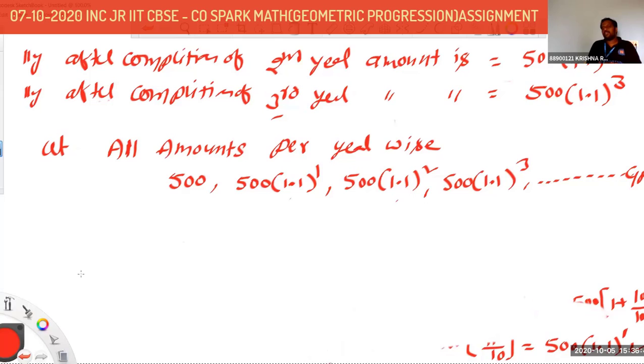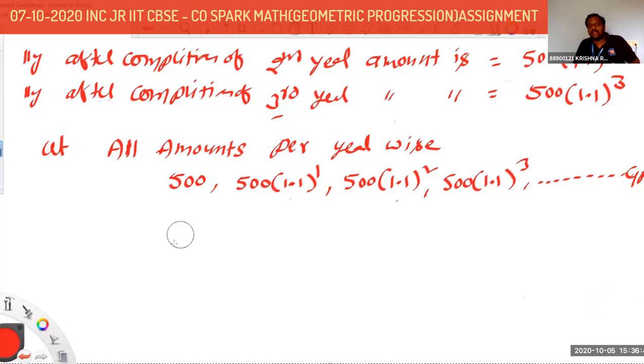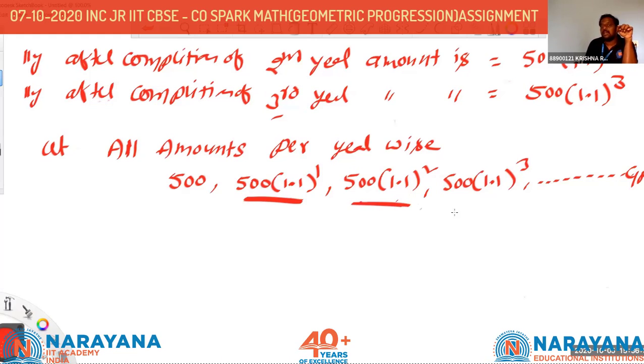Follow now. The first amount at 0 is 500. After completion of 1 year means T2, after completion of second year means T3, after completion of third year means T4. Clearly it is a GP.